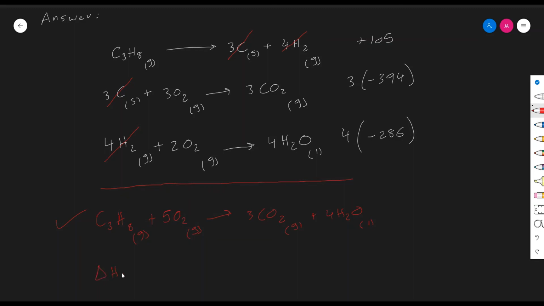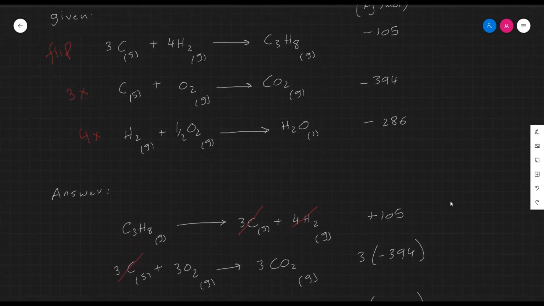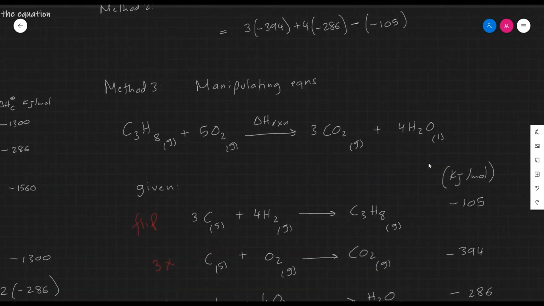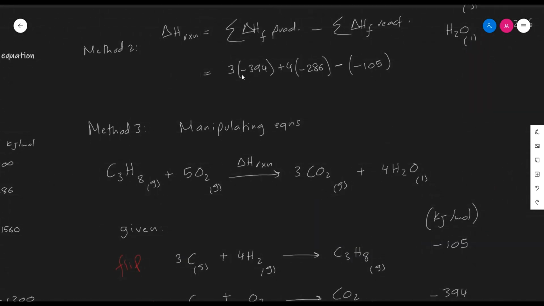So the delta H of this reaction would come up to positive 105 plus 3 multiplied by negative 394 plus 4 multiplied by negative 286, which is the exact same answer we got using method 1 or 2, in which the negative 394 was multiplied by 3, the negative 286 was multiplied by 4, and the sign of the first equation was flipped into a positive sign.